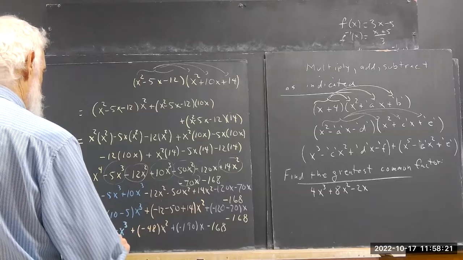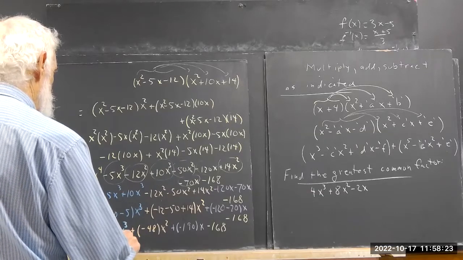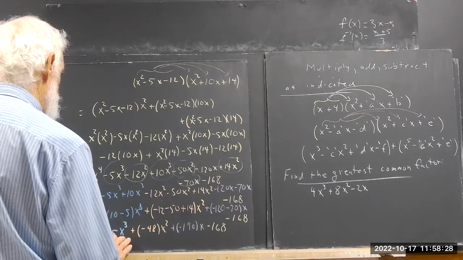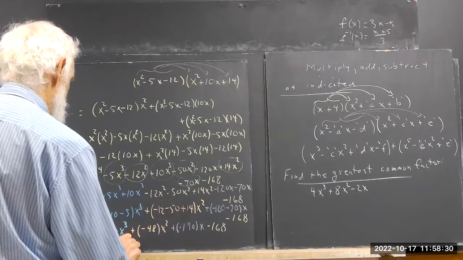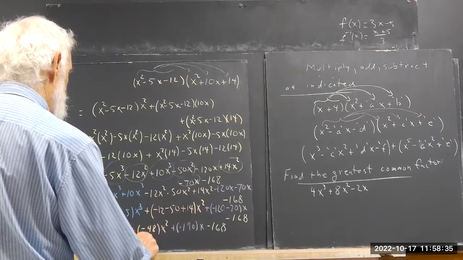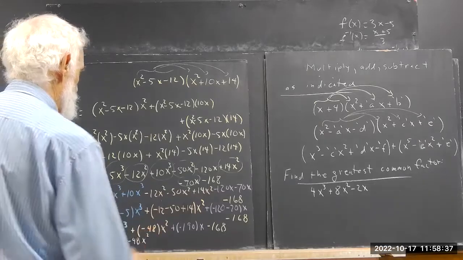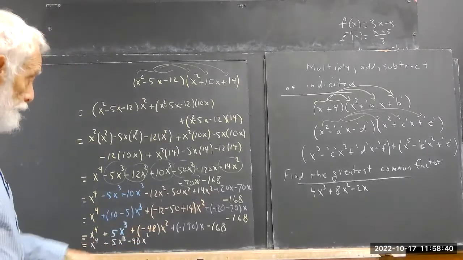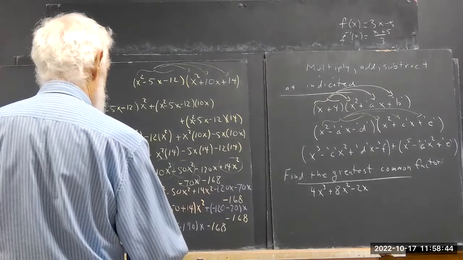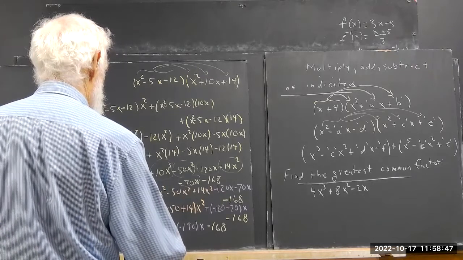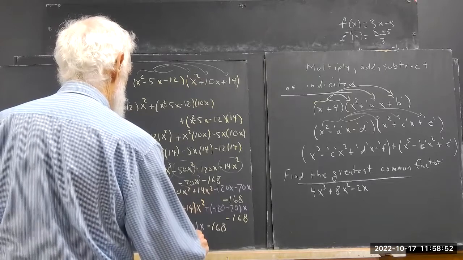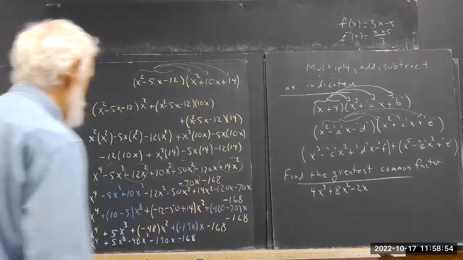X to the fourth plus 5x cubed minus 48x squared is plus a negative 48, the same as minus 48. And minus 190x minus 168.